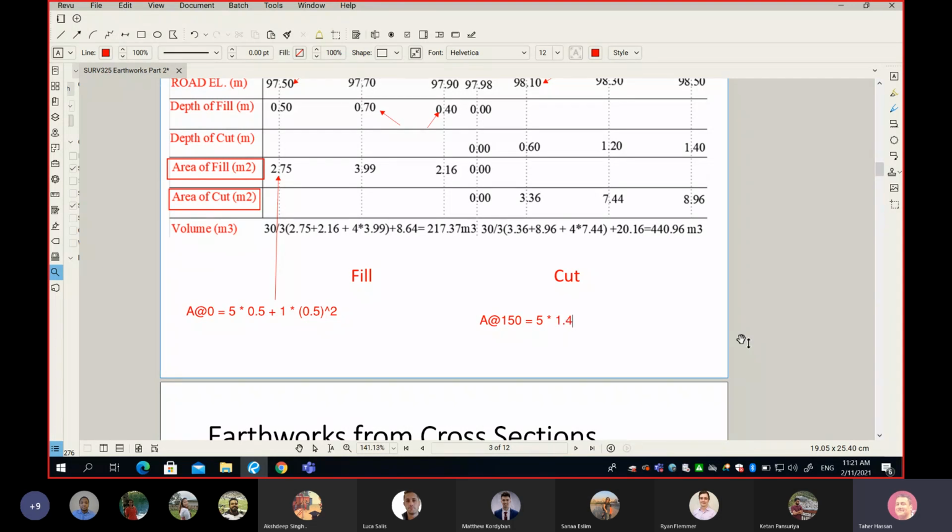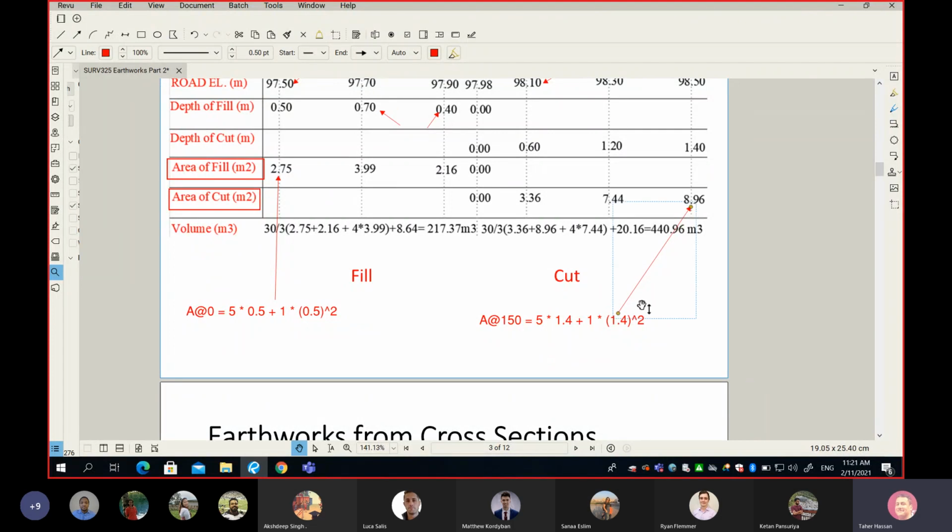So 1.4 plus your Z, which is still 1 to 1 in the cut, multiplied by 1.4 to the power 2. When you do the math, it will give you 8.96. You just have to copy this number and place it here in your table.